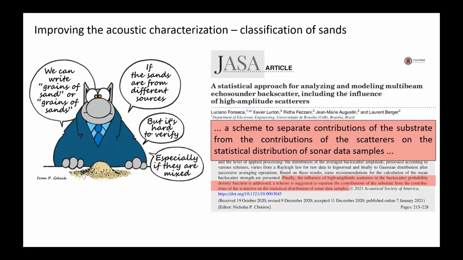They say, okay, we can separate the contribution of the substrate from the contribution of high scatter, just based on the statistical analysis of the data. And I think it's really promising for us because we like to improve the sand classification, to better understand the relation between sand and acoustics. So there is a project in progress with UnB, Universidade de Brasília. So you know where it's coming from, Brazil.